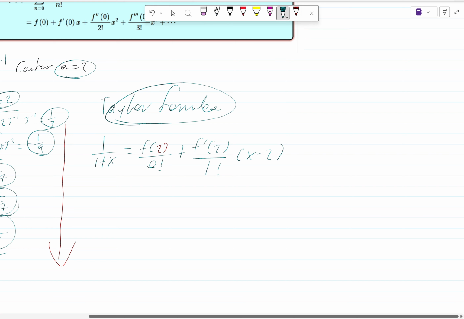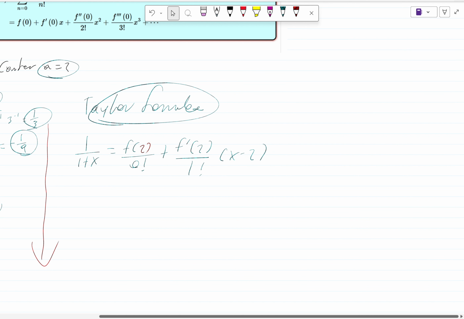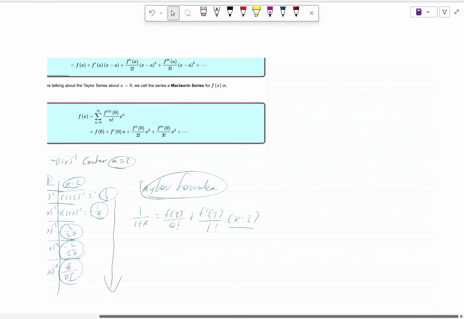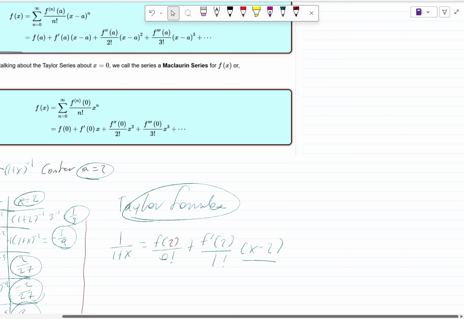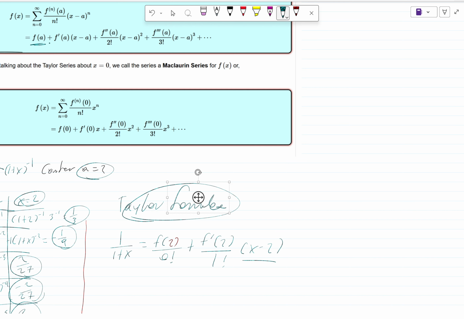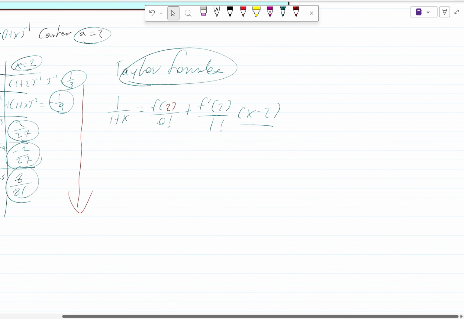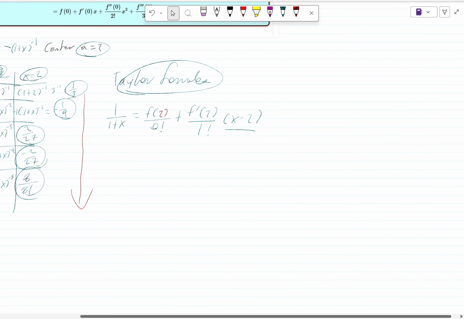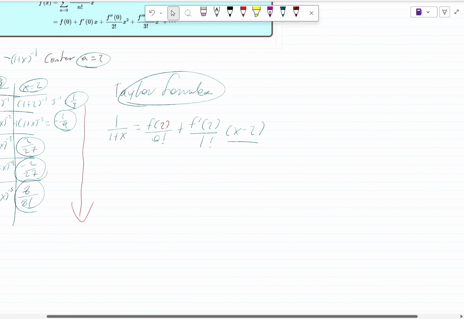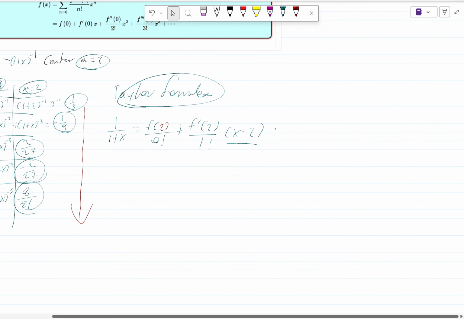Okay, so let's do this. The reason I put x minus 2 is because when you go back up here, as you can see from the formula, it starts with f(a), and I put the whole formula in, where it's x minus a and a is 2. Now, since everything is positive except the third derivative, remember that.